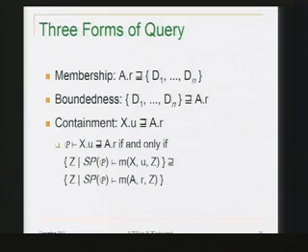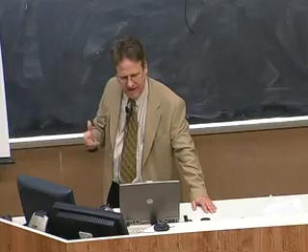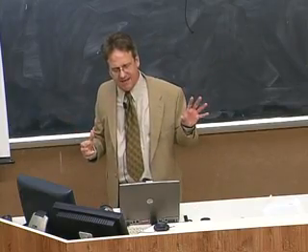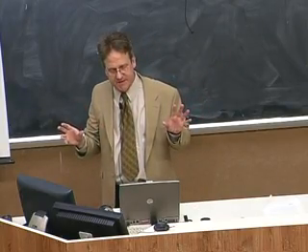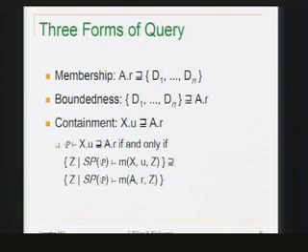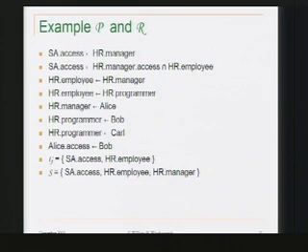Now, the third is actually strictly more general. It asks whether the role X.U contains A.R as a subset, and it can be used to capture membership and boundedness queries, but we distinguish the first two cases because they can actually be solved in polynomial time, as we'll see.